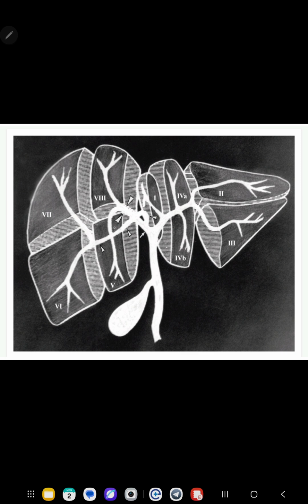Right anterior segmental duct is draining from 5 and 8. Like that in left, the left hepatic duct is draining from 2, 3 and 4 segments. From the caudate lobe, it can drain either into the left hepatic duct or the right hepatic duct.